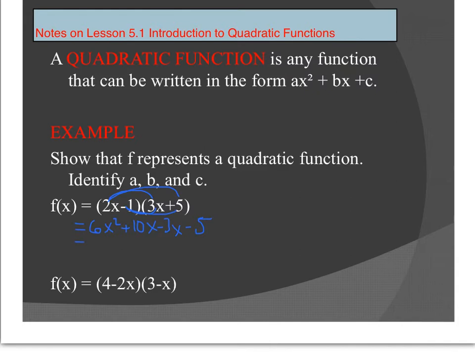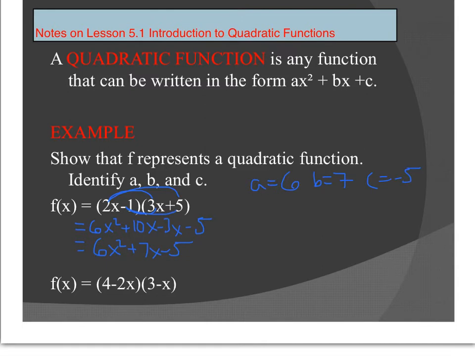Now I'm going to combine my like terms. So we have 6x squared plus 7x minus 5. Now if I want to identify a, b, and c, I look at my coefficients, 6, 7, and negative 5. So a is 6, b is 7, and c is negative 5.